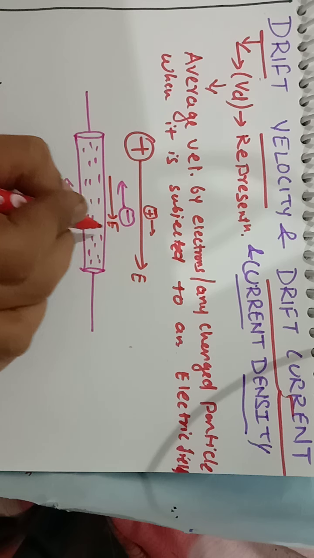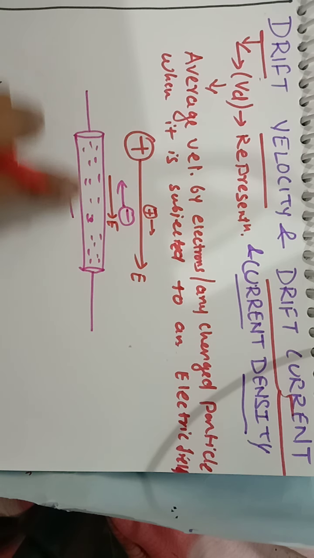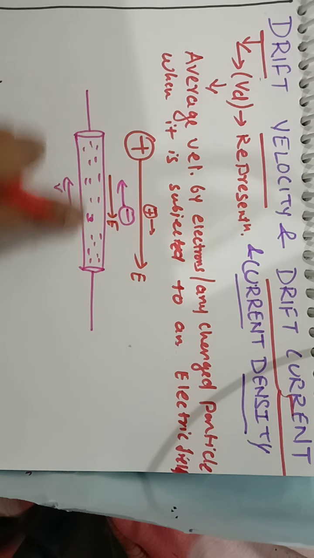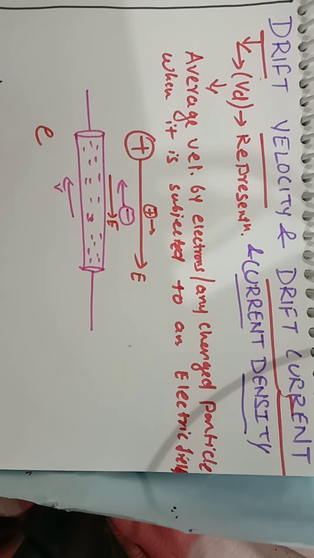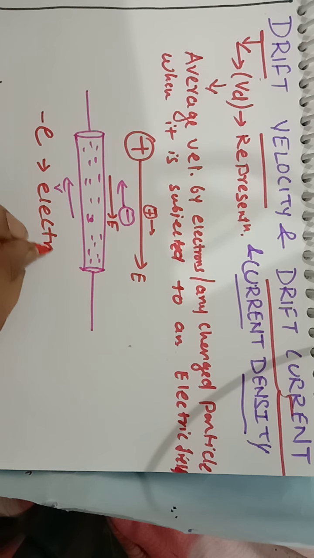If the electric field is applied in this direction, all the charge carriers will be moving this side, left side. And what are the charge carriers? Those charge carriers are electrons. Those are negatively charged, so we will write as minus e. Why minus sign? Because it is electronic charge.